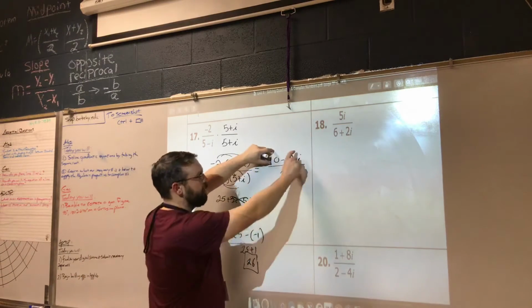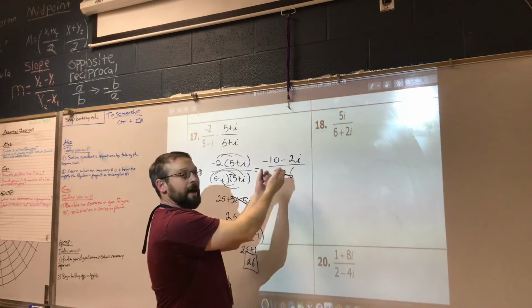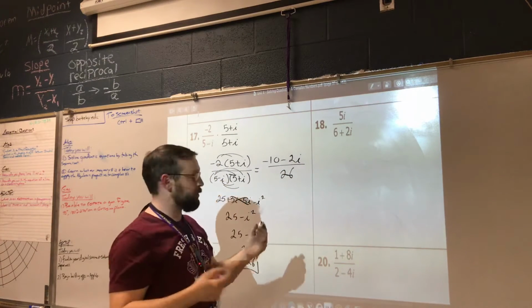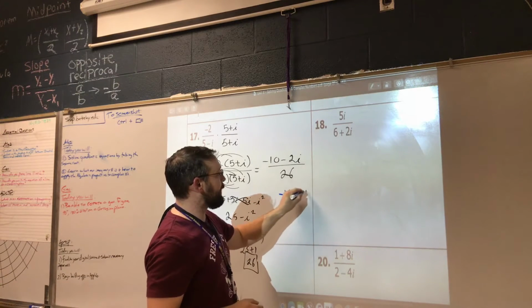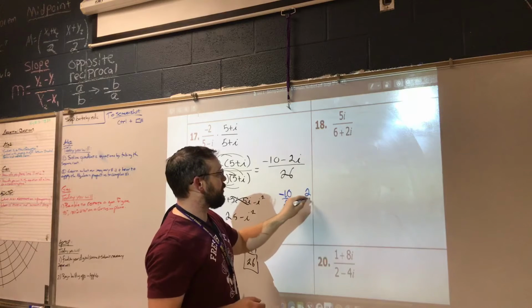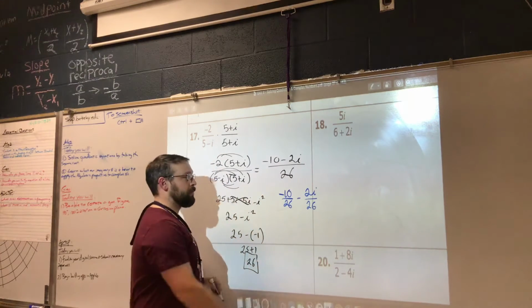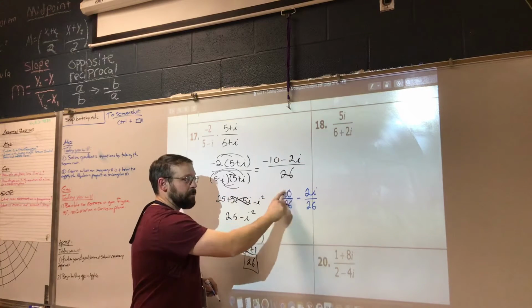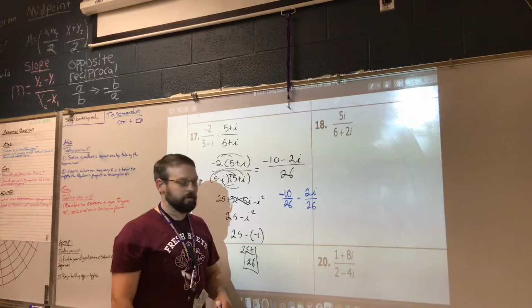I have two terms that are sharing a common denominator. So I can rewrite this as two fractions: negative 10 over 26 minus, because of the minus right here, 2i over 26. See the negative 10 and negative 2, they're still over 26. So these are equivalent expressions.